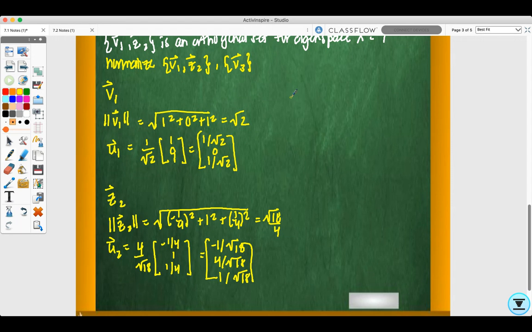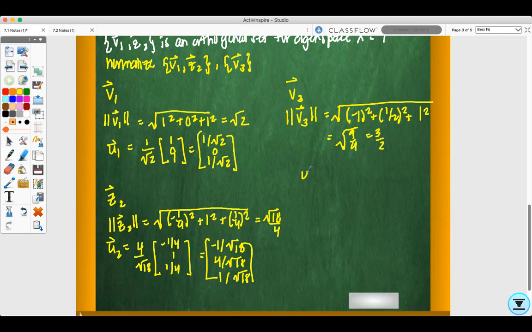Then we need to normalize V3. So that would be negative 1 squared plus 1/2 squared plus 1 squared. That would be the square root of 9/4, which equals 3/2.